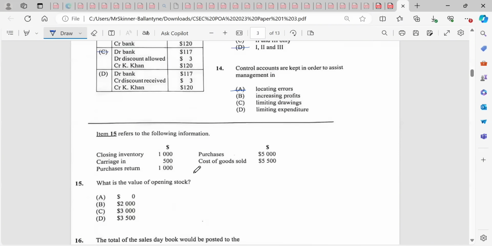We know our formula for cost of goods sold is opening stock, add net purchases, which is purchases, add carriage inwards, less returns outwards, minus closing stock.